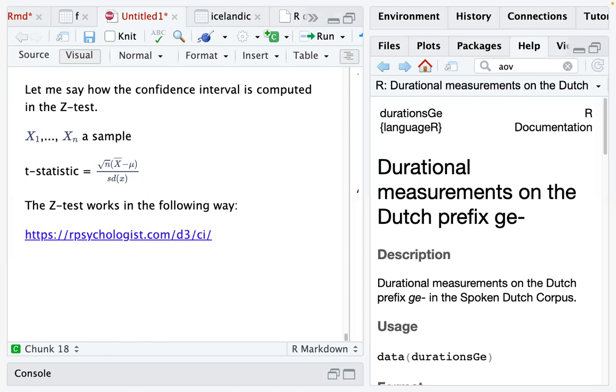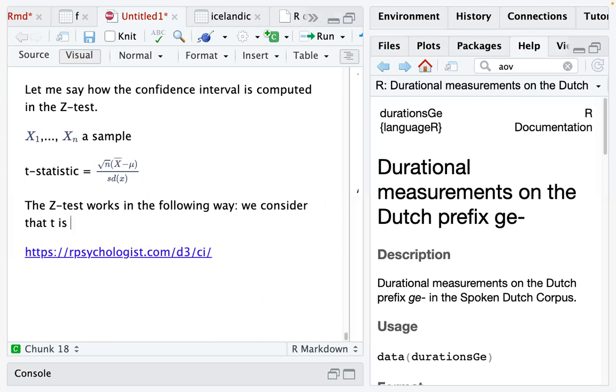We consider that t is a standard normal distribution. So it's normally distributed.